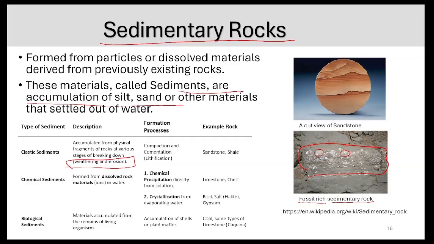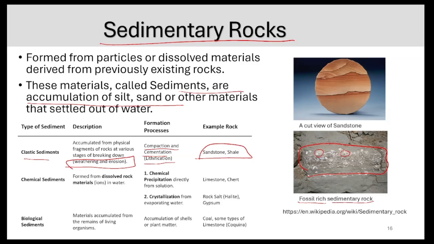Examples of clastic rocks are sandstone or shale, and the formation process is the compaction and cementation of these rock fragments, and this process is also called lithification.